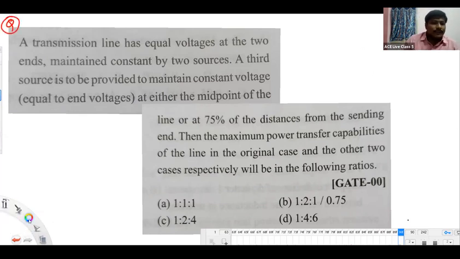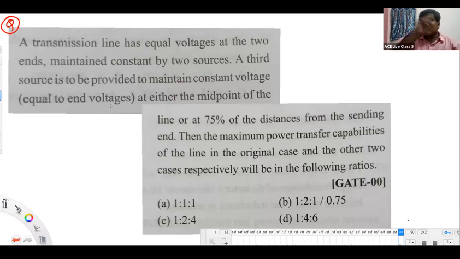A transmission line has equal voltages at both ends, sending end side and receiving end side. Both sides have equal voltages, maintained constant by two voltage sources. A third voltage source is to be provided to maintain constant voltage equal to the end voltage.